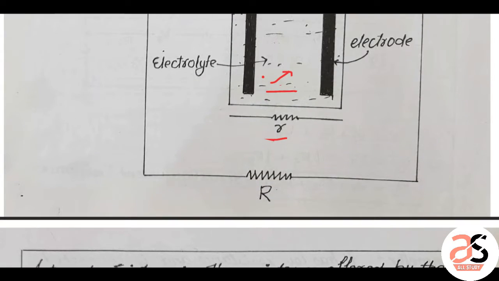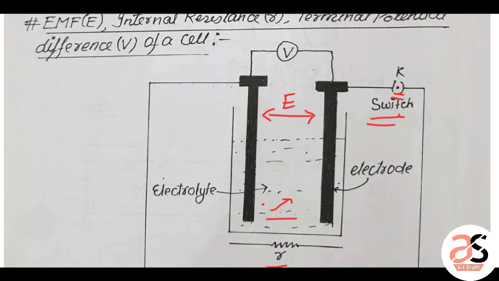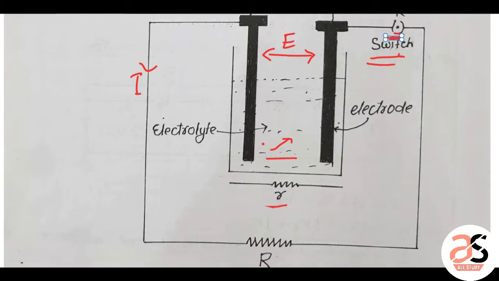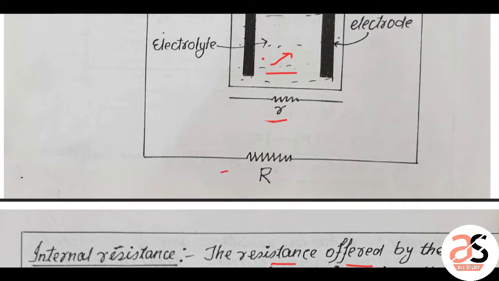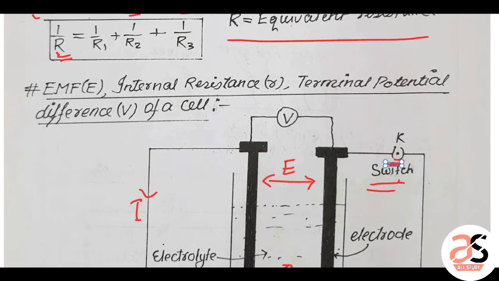So when this switch is on here, current will flow in this direction. Suppose current is coming in this direction, I. So some voltage is dropped here, IR drop, here also capital I into R drop. So potential is dropped across the internal resistance, and also across the external resistance.